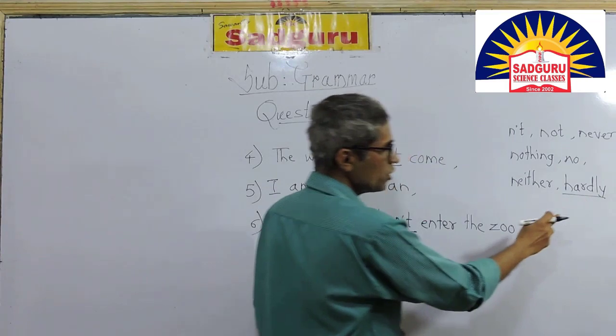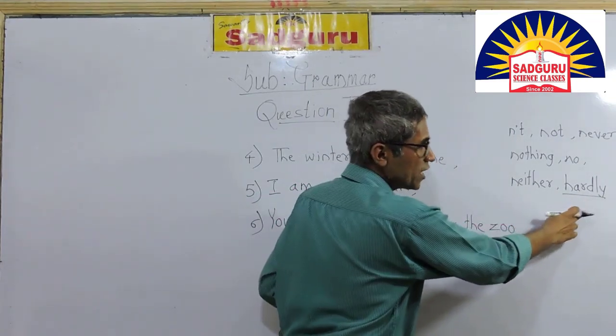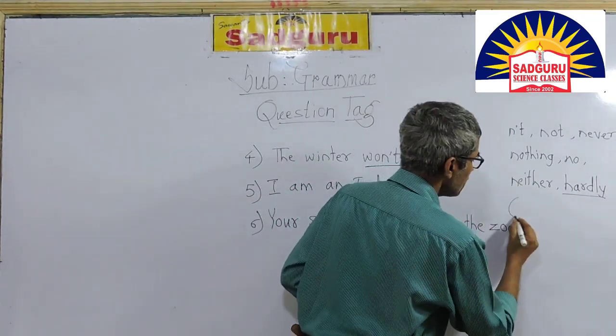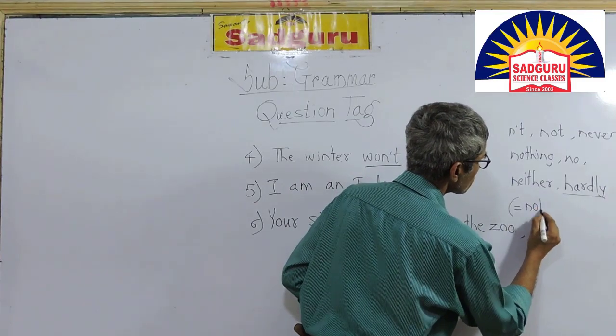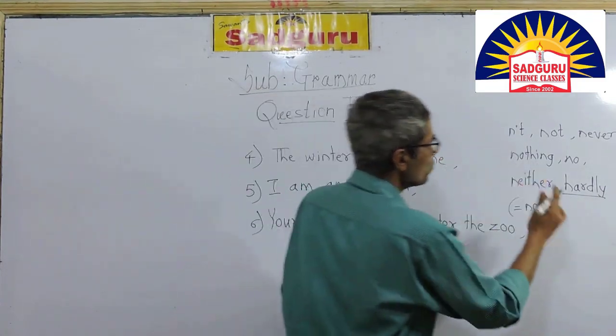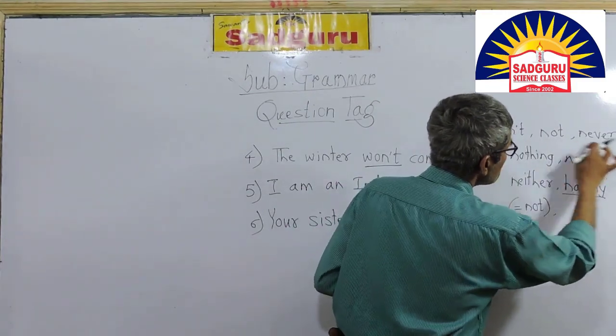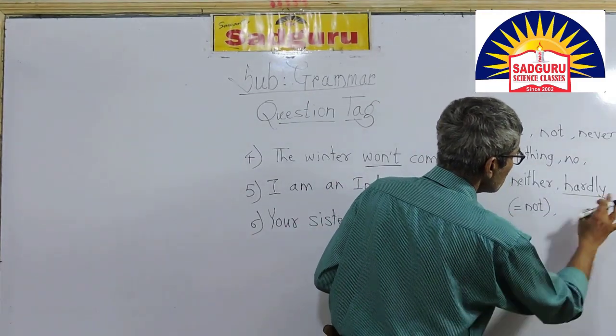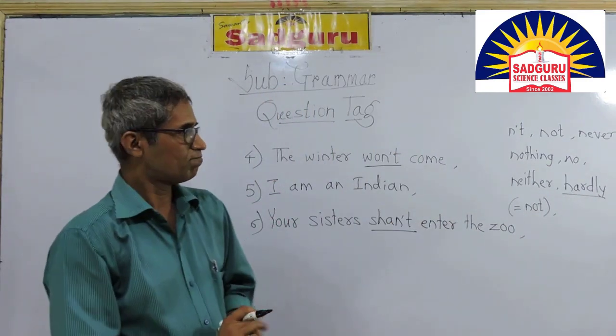Remember that this word, though it looks positive, it's a negative word. Hardly is equal to not. Hardly means not. So you know that these words make a statement negative.